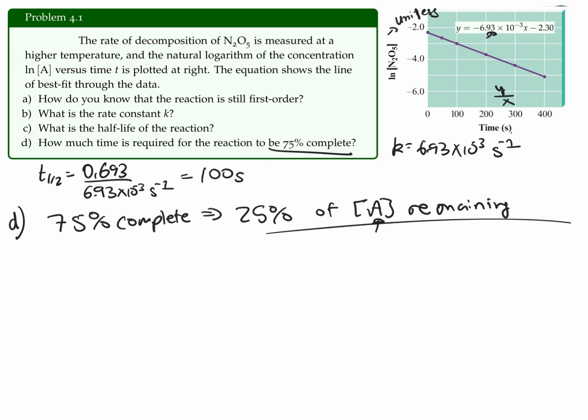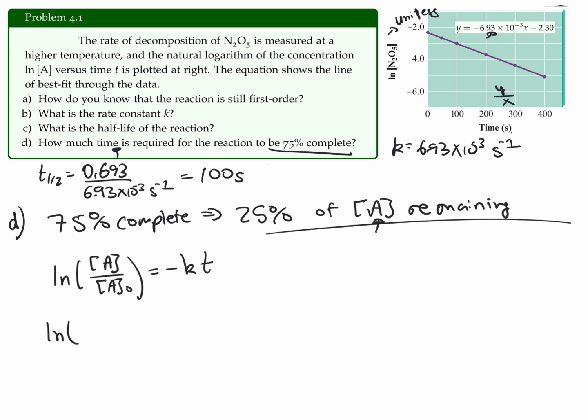The best equation for this is this integrated rate law, or sorry, the ratio form of it, ln of A over A naught is equal to minus kt. Again, we're solving for time here, so 25% of A remaining is what we're looking for.